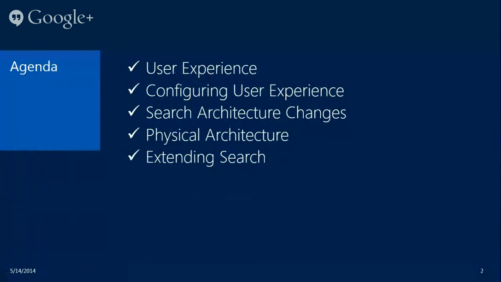So search is one of the major drivers or reasons for adopting SharePoint in any organization, and in every version of SharePoint, starting from Portal Server 2003 onwards, you will find that there are a lot of changes, architecturally as well as improvements, that have happened to the search workload in SharePoint.